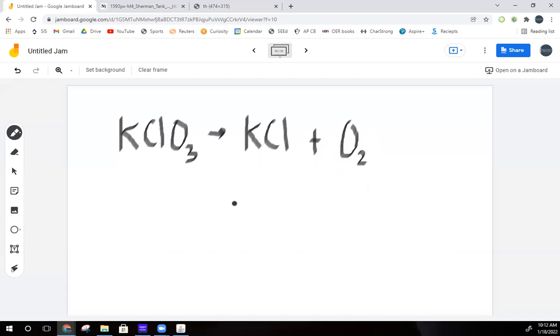So if we want to produce 17 moles of oxygen, how many moles of potassium chlorate?